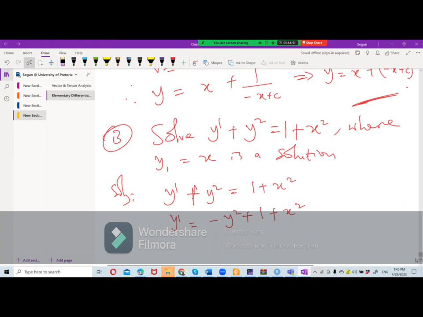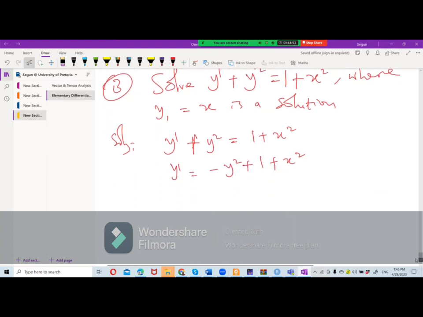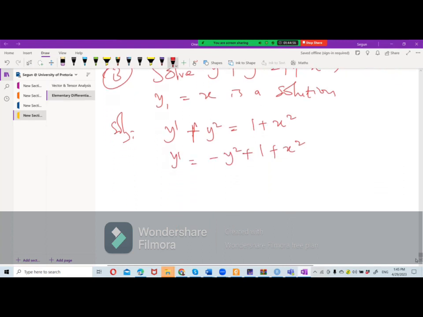So at this point, like I said, y prime is equal to minus y squared plus x squared plus 1.